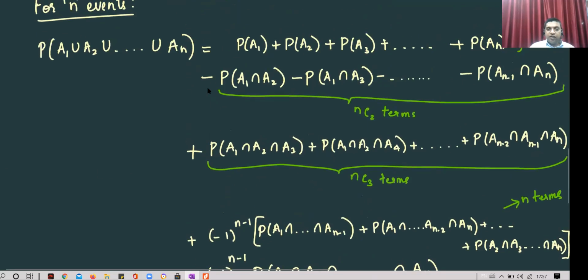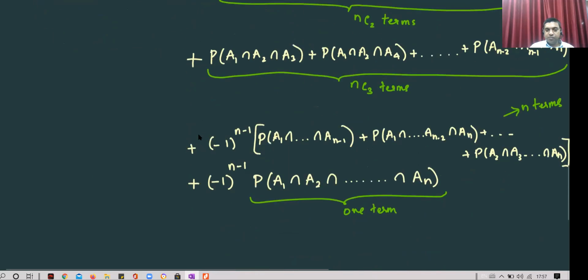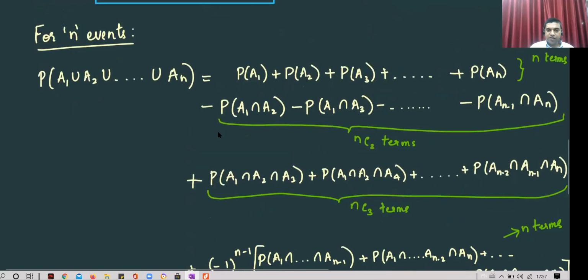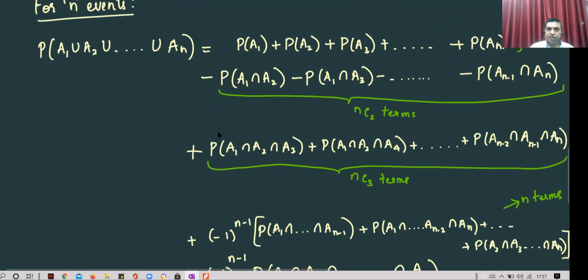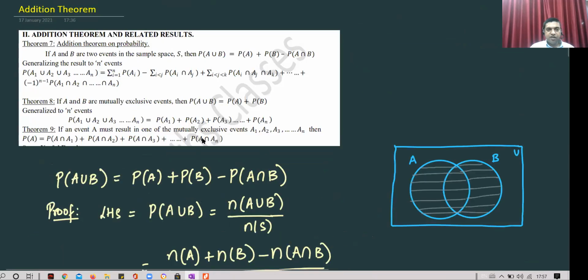So got it? Alternating minus, plus. First one starts with plus, then minus, plus, minus, plus. That is what this equation says.